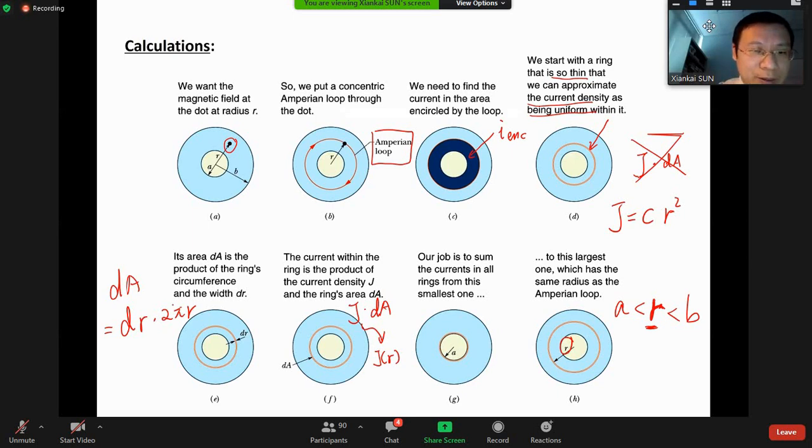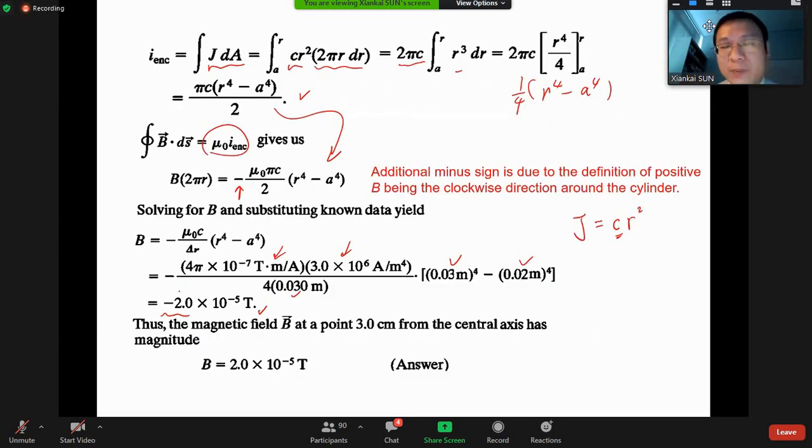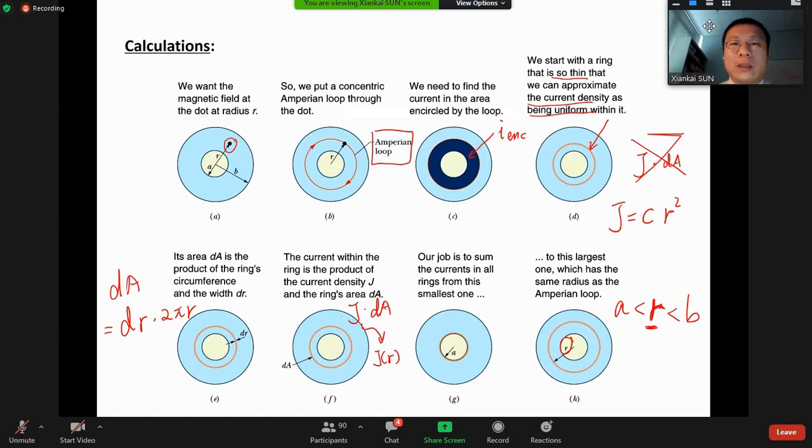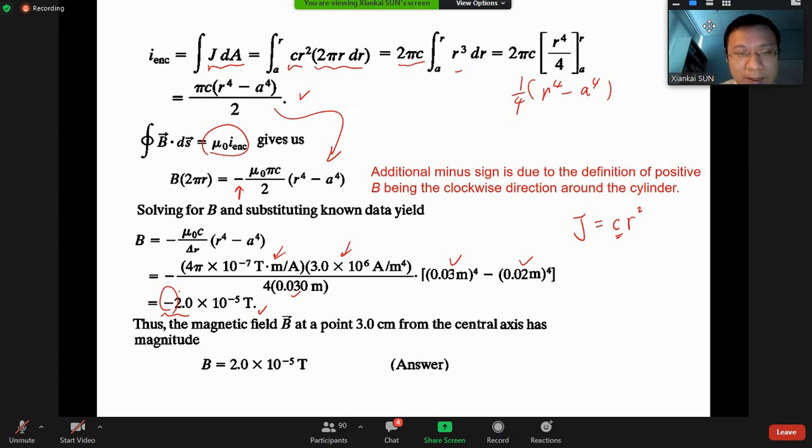After the calculation, we find it negative, so that means the magnetic field is pointing counterclockwise. At the end, the magnetic field has a magnitude of 2.0 times 10 to the negative fifth power Tesla.